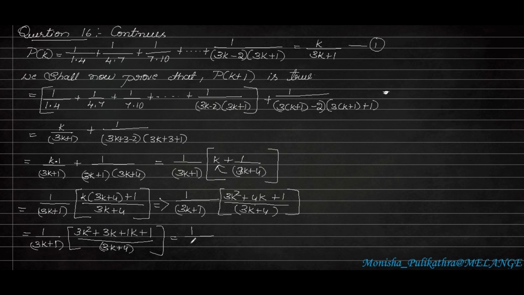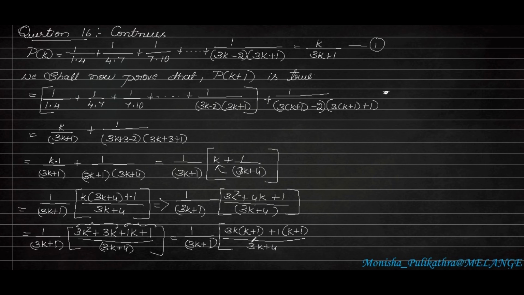So here 1 divided by 3k plus 1. In 3k square and 3k, 3k is common. So when I take 3k common, remaining will be k plus 1. So here 1 is common. So when I take 1 common, remaining will be k plus 1 itself.